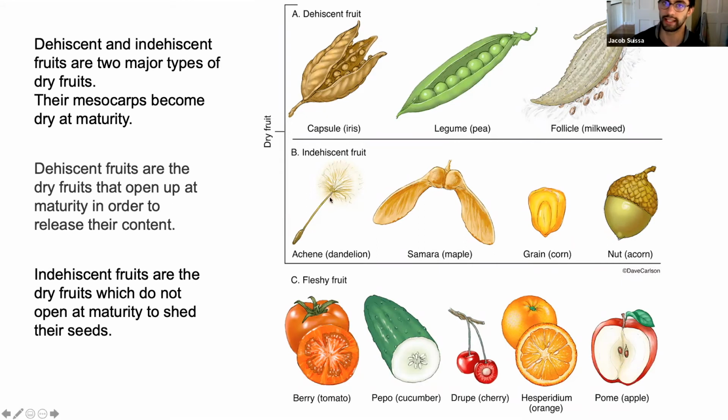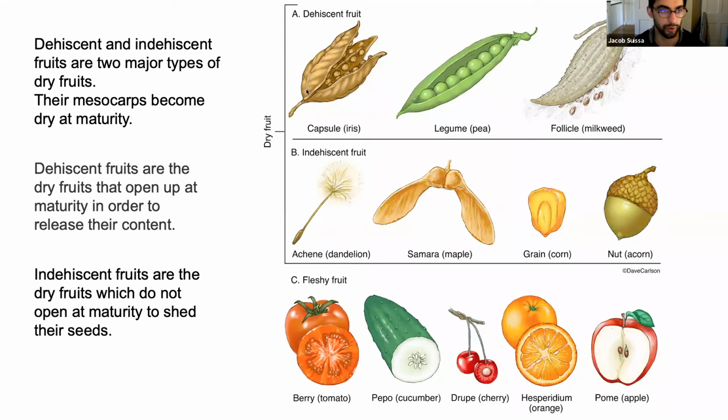So dry dehiscent fruits are, I don't know if you've ever seen a milkweed, but generally milkweeds open along one axis. And then we have all these terms for these different things. Capsules, everything in the pea family is called a legume, and there's follicles. I've never really liked fruit morphology terms because they're not homologous, and not everything with a samara is the same samara.